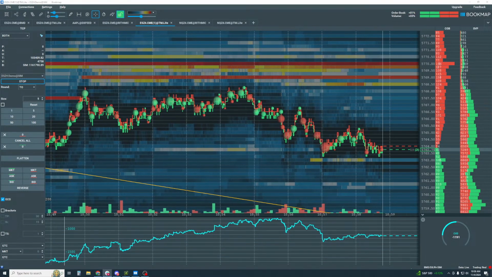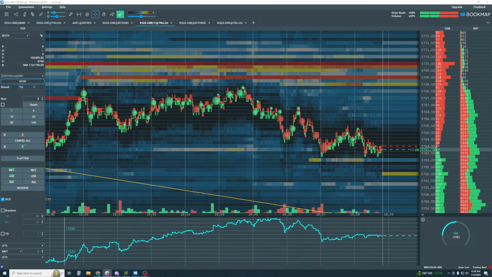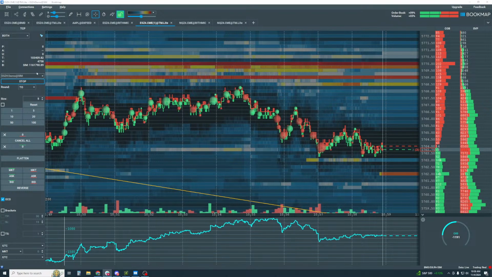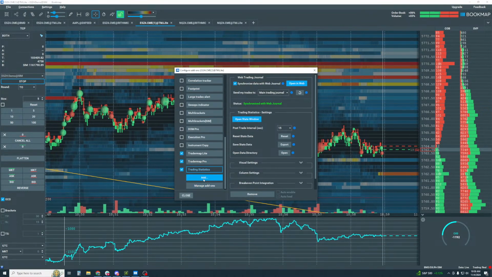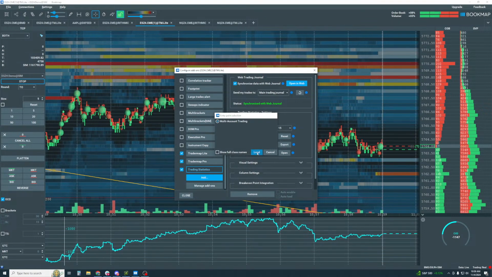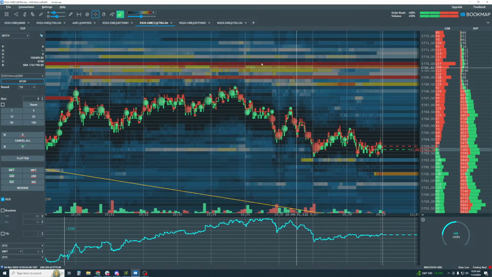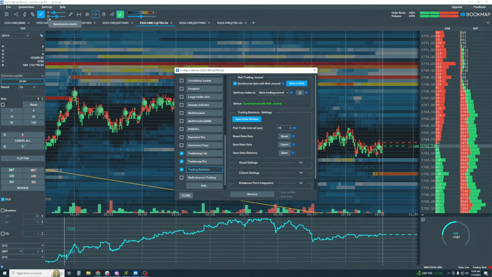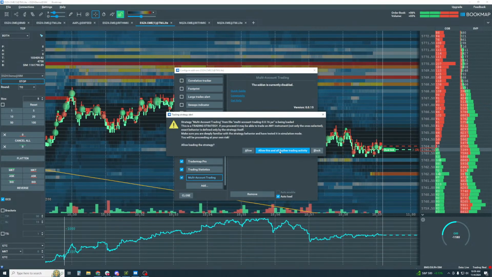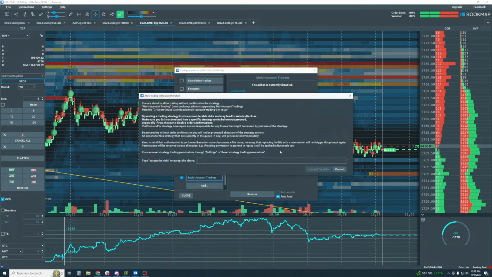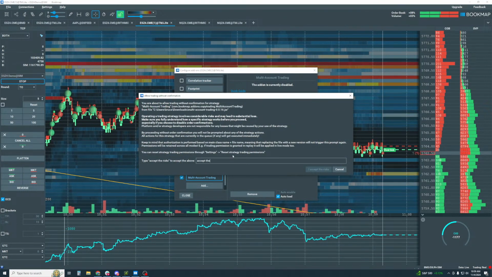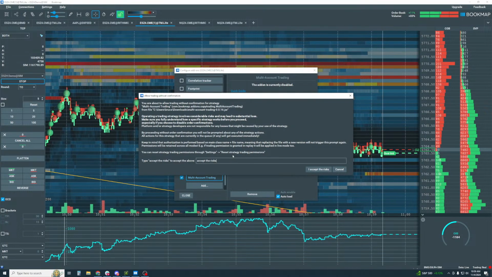The multi-account. Okay, I think I got it here. I'll add it through the add button. There it is. Should be the latest version. And I need to accept the risks.